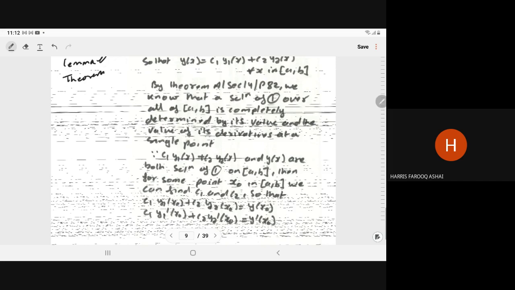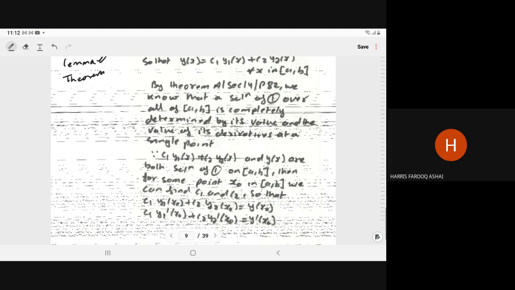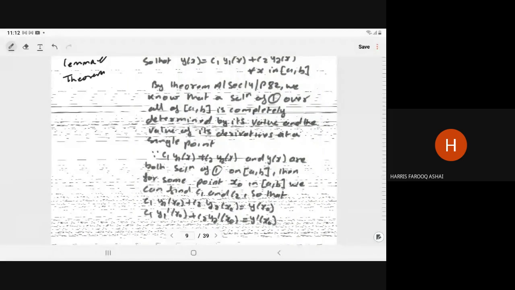So let us assume c1 y1(x) plus c2 y2(x) is one solution, and y(x) is another solution. Presently we are assuming that they are different solutions. c1 y1(x) plus c2 y2(x) is a solution of the first equation by theorem 14c, and this is the arbitrary solution.